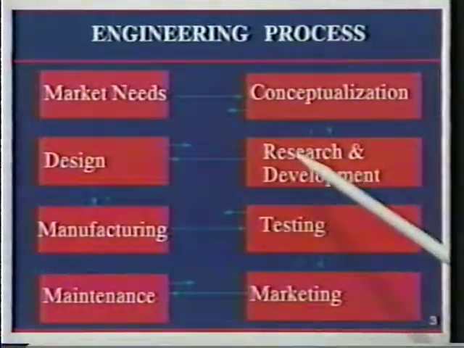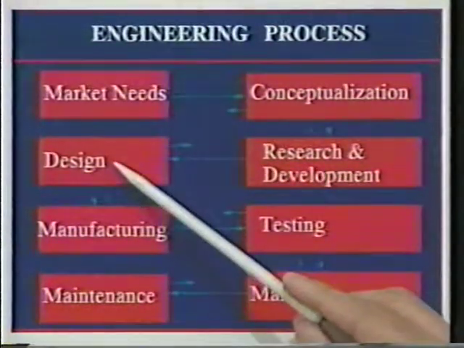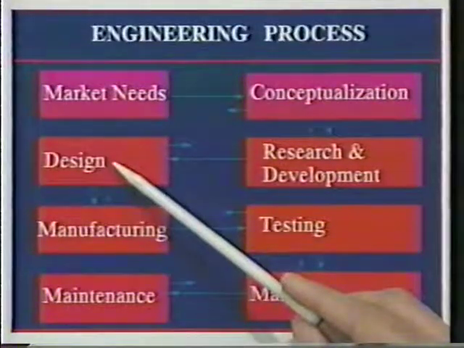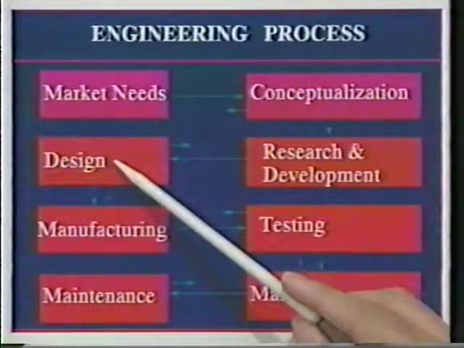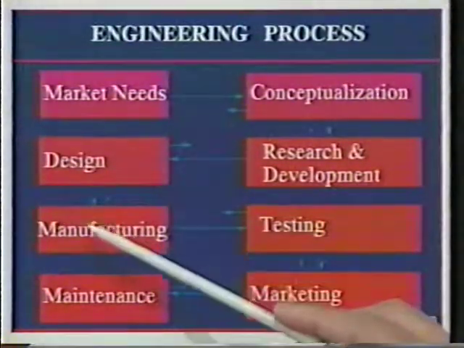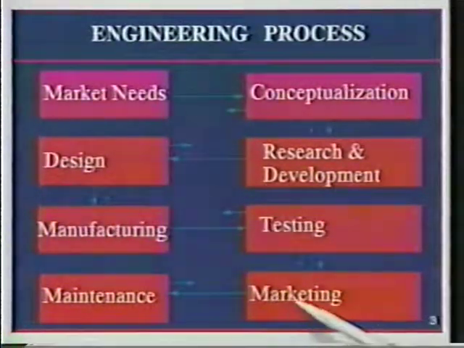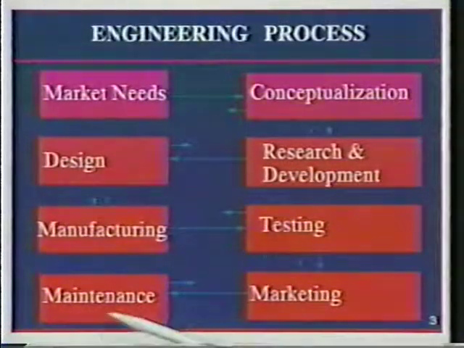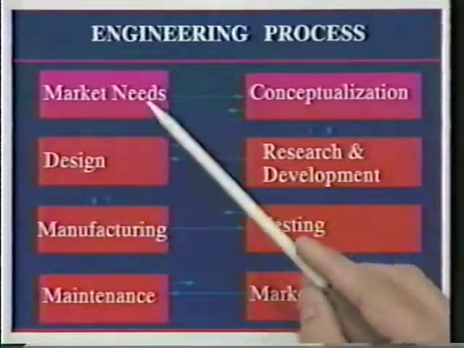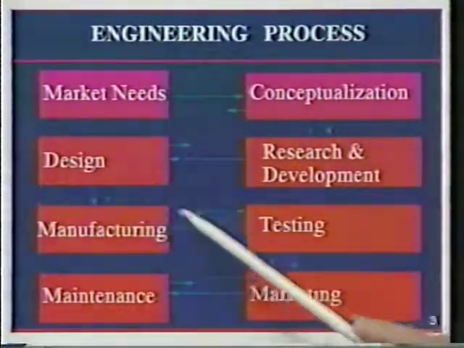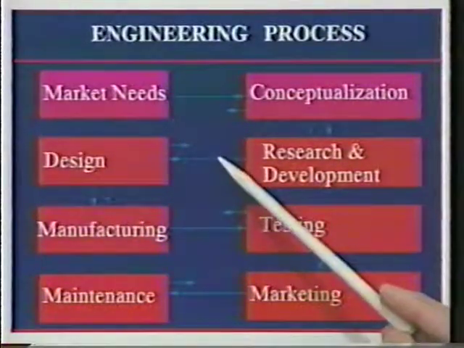You do R&D. From R&D, we do design, and design involves coming up with a set of specifications which could be manufactured, and from manufacturing, we go to the testing stage. From testing, we go to marketing, and from marketing, we go to maintenance. And this process is an iterative and collaborative process.